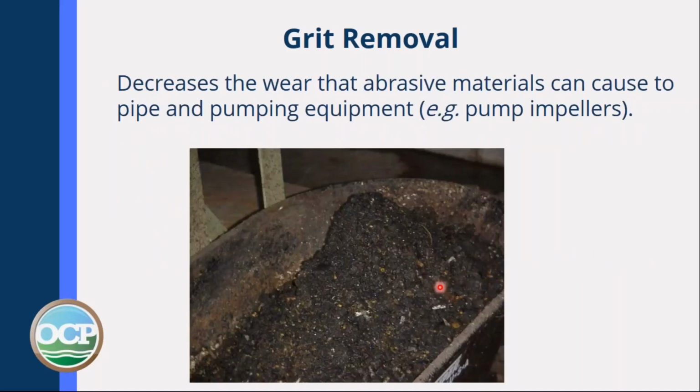The reason we want to remove grit is because grit can wear things like pumps, valves, and other parts of the system if it gets through there. Here is an example of a wheelbarrow or a bucket that contains a lot of grit that has been removed from the system.